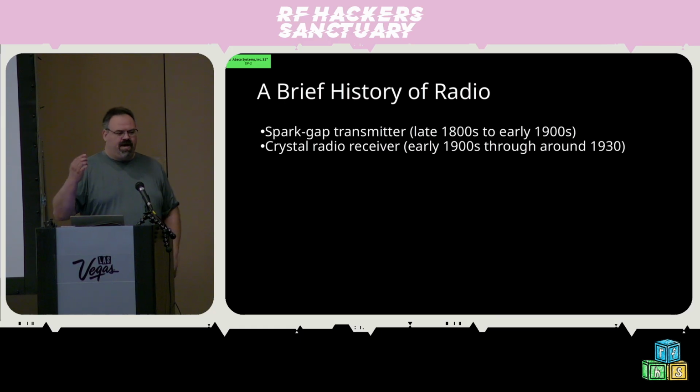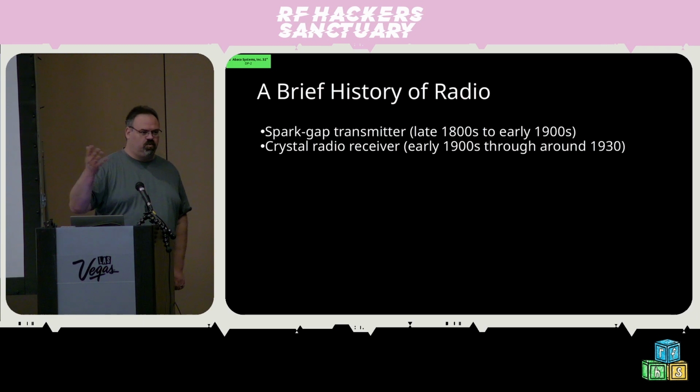And then you have a diode, or what they called the crystal. It's just like a germanium diode, one of the early diodes. That would rectify the signal to produce an audio wave. I'll talk about the modulation of that a little bit later. That was used for AM reception, amplitude modulation.